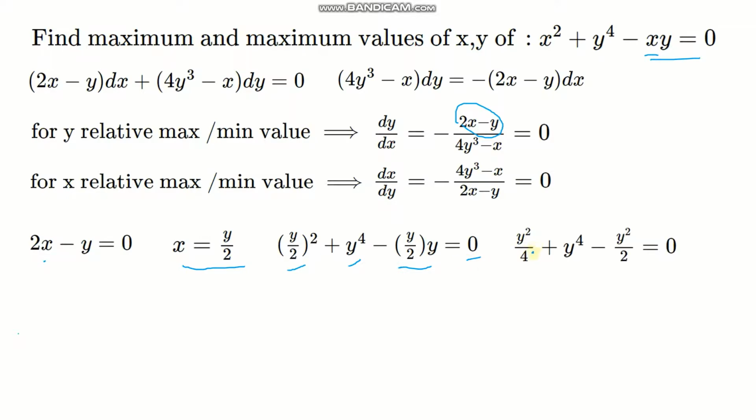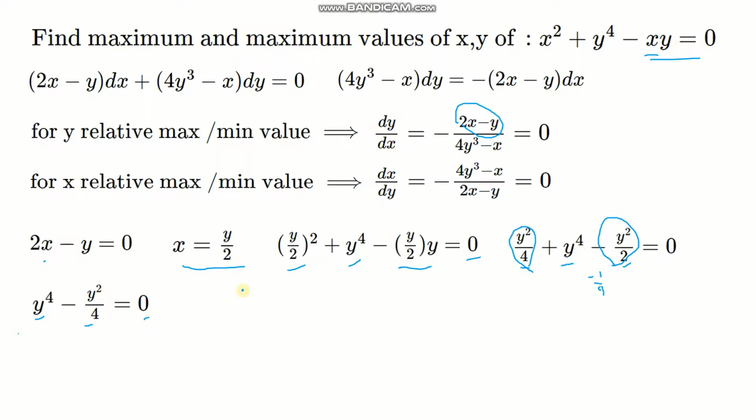Simplifying, y squared over 4 plus y to the 4 minus y squared over 2 equals 0. Since y squared over 4 minus y squared over 2 is the same as negative y squared over 4, we become y to the 4 minus y squared over 4 equals 0.